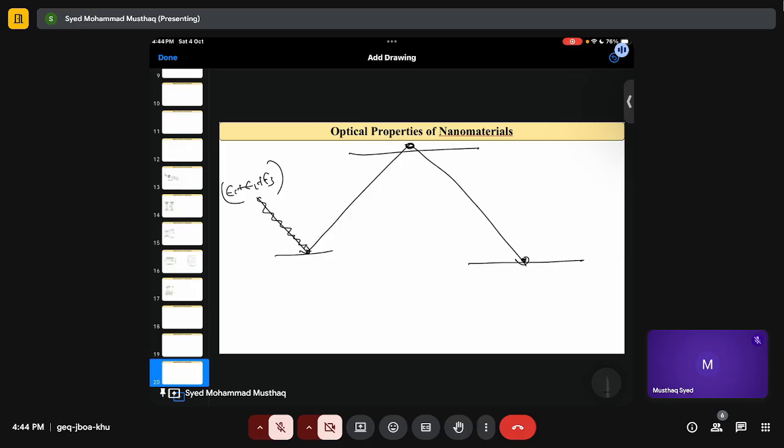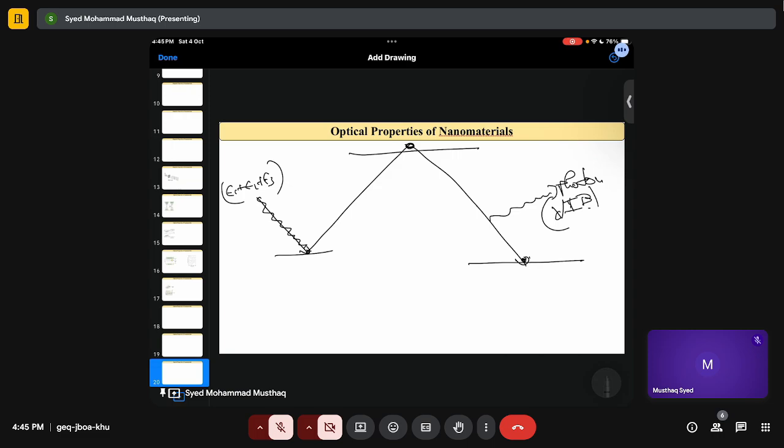And when it comes back, it will emit a photon. And this photon is a mixture of violet, indigo, and blue. And they will undergo diffraction. Because of that, we will have a characteristic color, a mixture of violet, indigo, whatever color it forms.